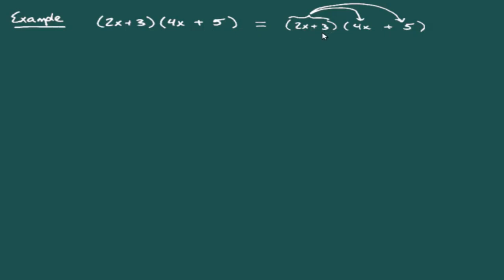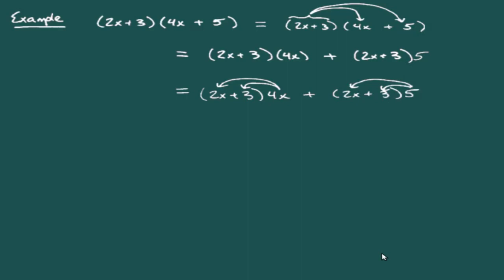It's in parentheses, so we treat it as one object, so that one object gets distributed to the 4x, and that one object is getting distributed to the 5. And so we will have the quantity 2x plus 3 times our 4x plus the quantity 2x plus 3 times 5.